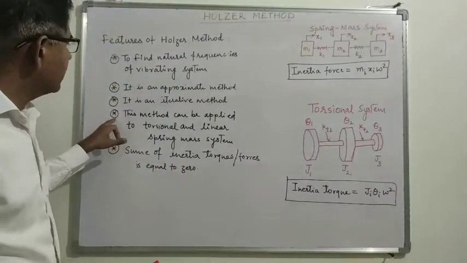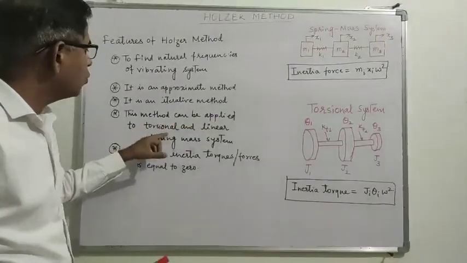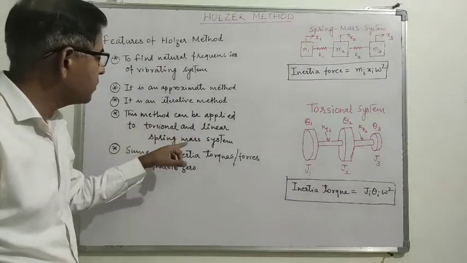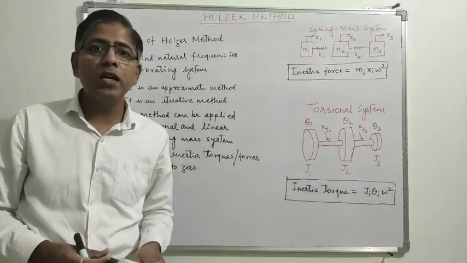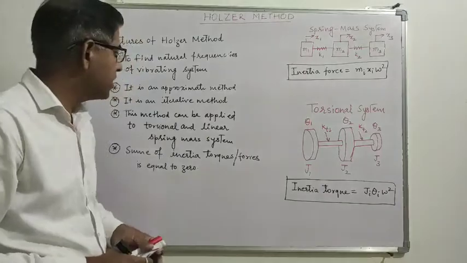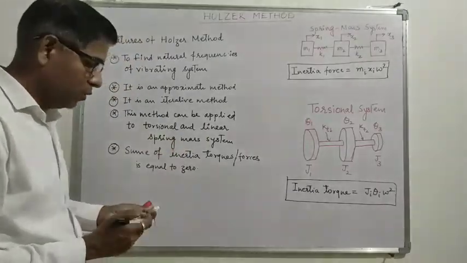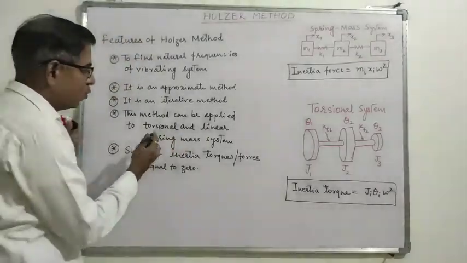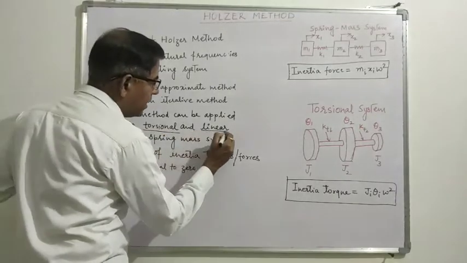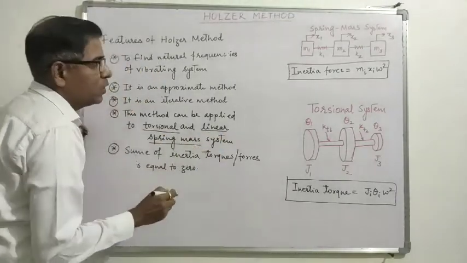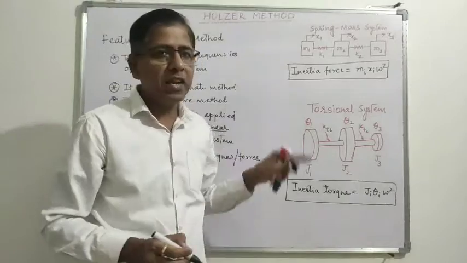The next point is that this method can be applied to torsional and linear spring mass systems. So it is not only applied to a linear spring mass system, but also to a torsional system. Here I have drawn two cases.